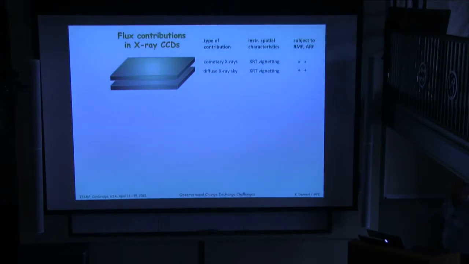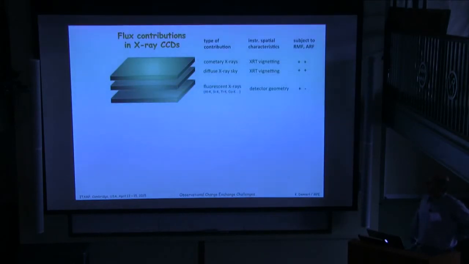This is everywhere, also superimposed on the position where the comet is. And in addition to that, there's an instrumental source of photons, fluorescent X-rays, because the detector, the camera housing, is exposed to particle radiation, and this particle radiation can cause fluorescent X-rays from the inner region of the detector.